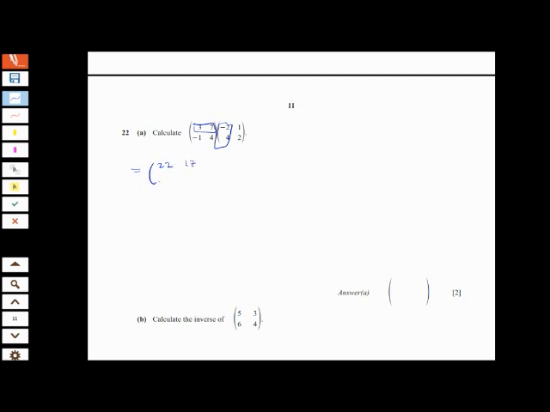Then -1 times -2 gives you 2. 4 times 4, 16, so 18. And last but not least, -1 times -1, 1, 4 times 2, 8, so 9. So here you go, that's the answer.